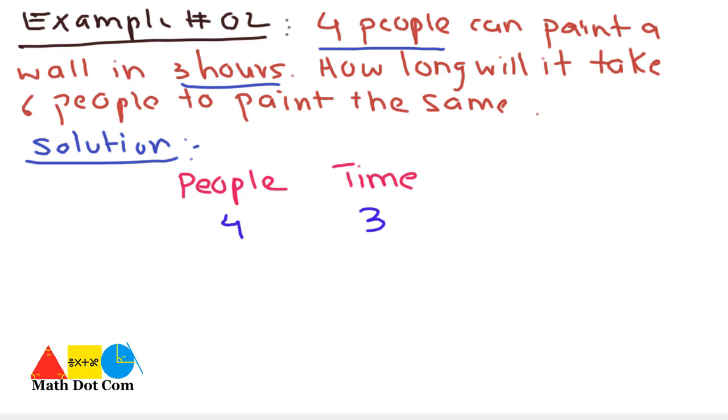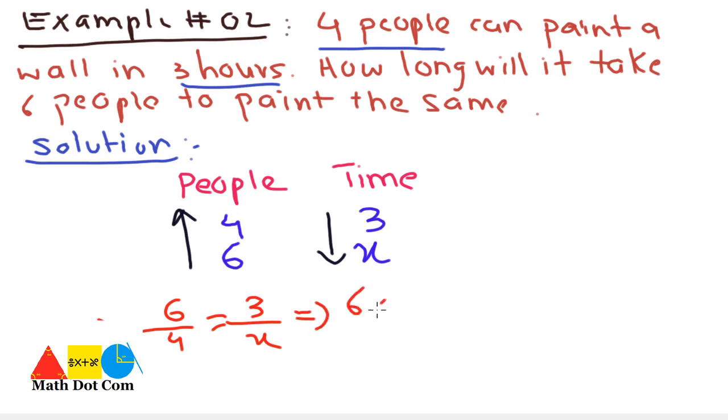Then how much time will it take 6 people to paint the same? So time is unknown here. We will draw the arrows like this and write from the tail of the arrow towards the head: 6 over 4 is equal to 3 over x.